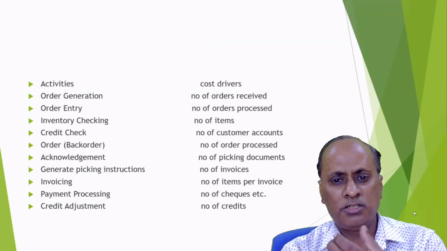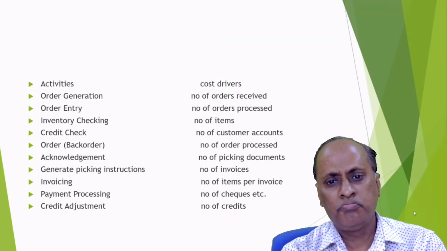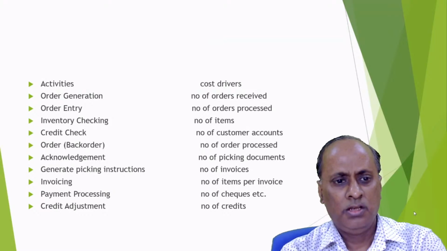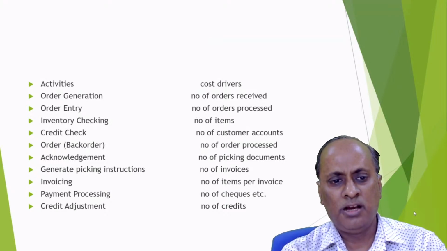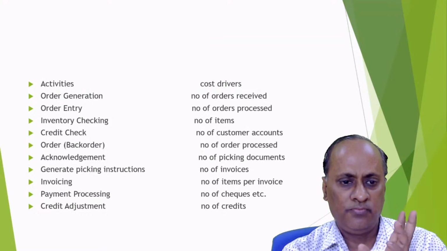The cost driver is the number of orders processed. If the number of orders processed is more, the logistics cost will be more. Inventory checking: if you check more inventory, then the cost of logistics will be high, and if inventory checking is less, it is lower. These are all related.